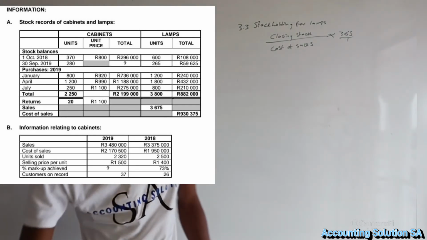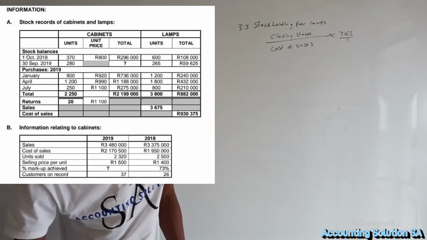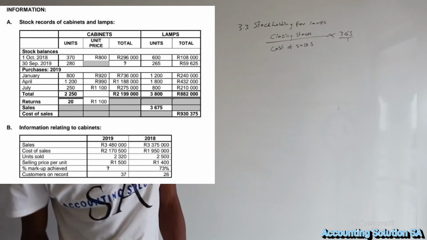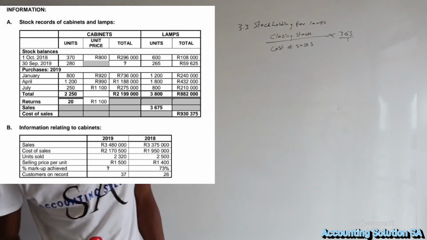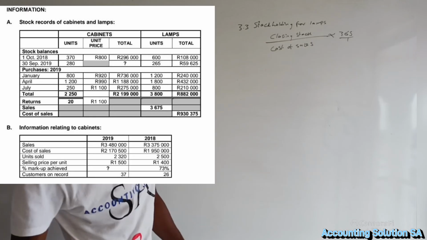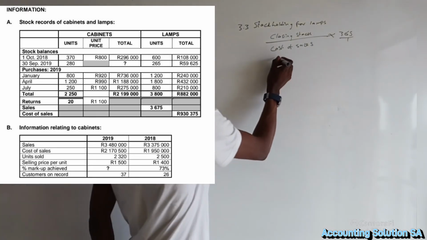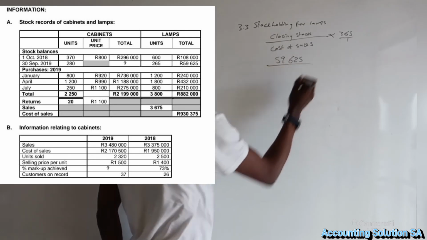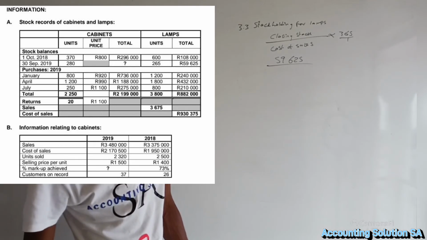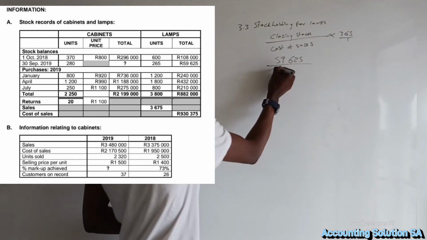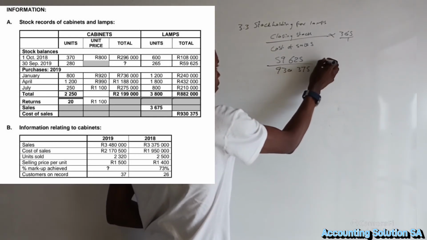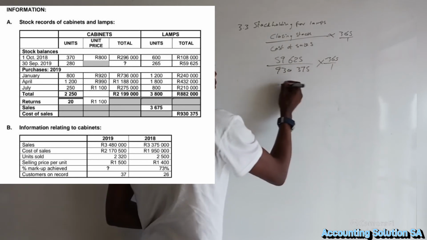All right, now let's check our information for lamp. If you go to lamp on the same table, you will find that our closing balance on 30 September 2019 was 59,625, and we divide by the cost of sales, which was at the bottom, 930,375, multiplied by 365 over 1.